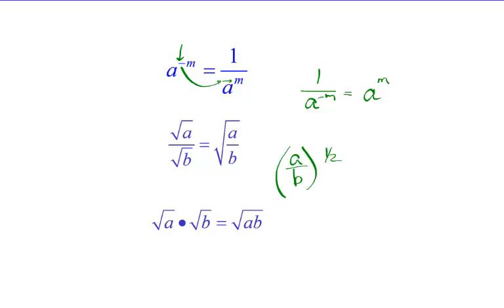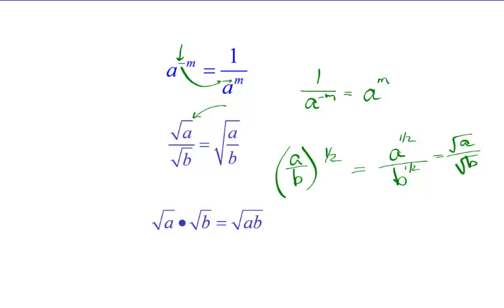Because square root can be written as a fractional exponent, it follows the rule that we just explored on the previous slide. Exponents break up over division. So that makes this a true statement if we went in that direction, because this is equivalent to the square root of a over the square root of b.